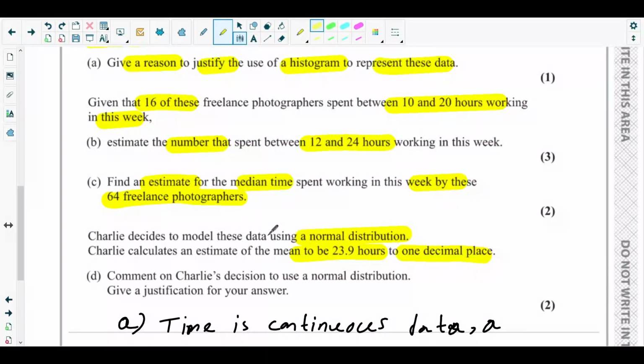Which is equal to the median. Part D is asking to comment on Charlie's decision to use a normal distribution. Give a justification for your answer. So we need to comment on Charlie's decision. The decision depends on the fact that the median of this data is equal to the mean of the data.